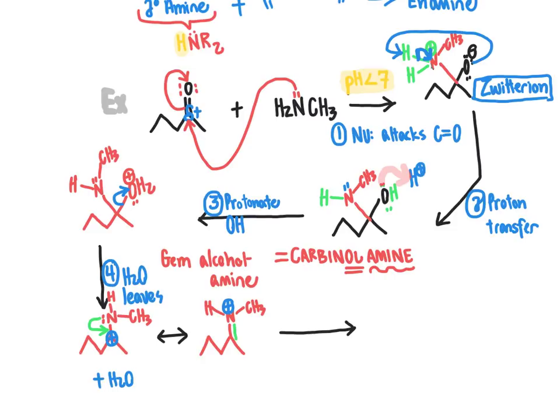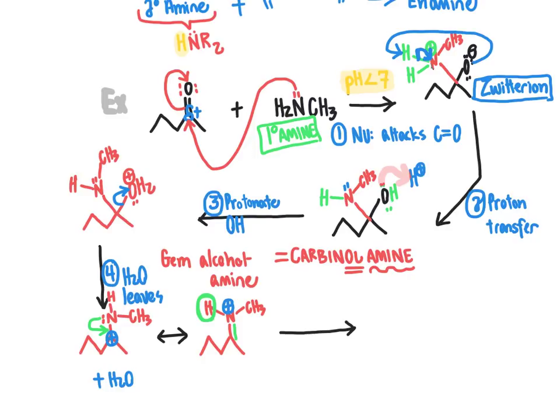Remember that we're trying to head toward an imine product because our starting material up top was definitely a primary amine, an amine that has only one bond to an R group and has two bonds to hydrogen. So at this point, we have one hydrogen atom left bonded to the nitrogen. The nitrogen has a positive formal charge, so to get rid of that positive formal charge and form our final imine product, we need a deprotonation step.